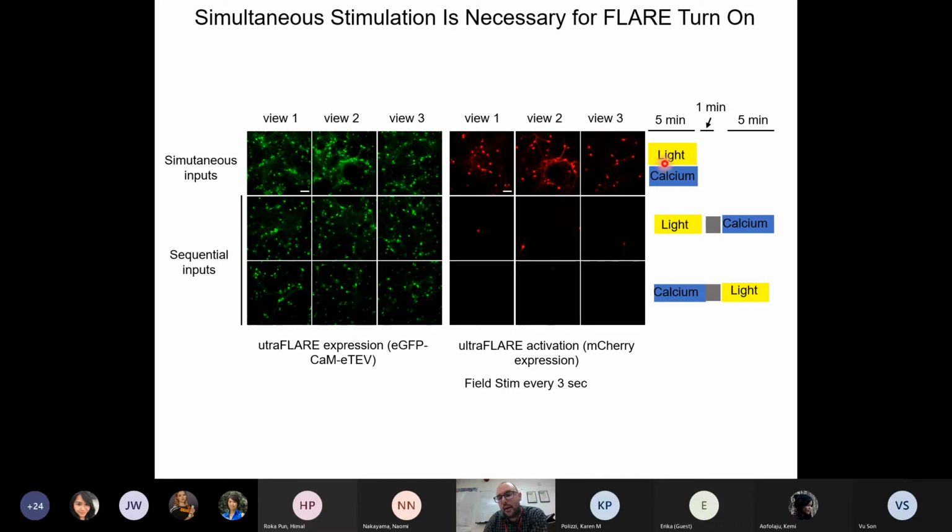For example, if we first shine blue light, keep in dark for 1 minute, and then we stimulate to induce an increase in calcium concentration, or if we do the opposite, that is, first we stimulate the neurons in dark conditions, wait for 1 minute, and then shine light for 5 minutes, the expression of Zen cherry is very little. So this is the proof that this tool works like an AND gate, and we are measuring neural activity in a specific time window.